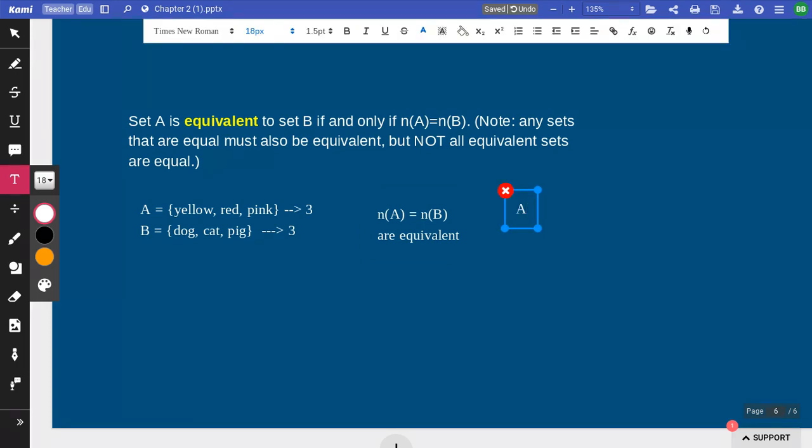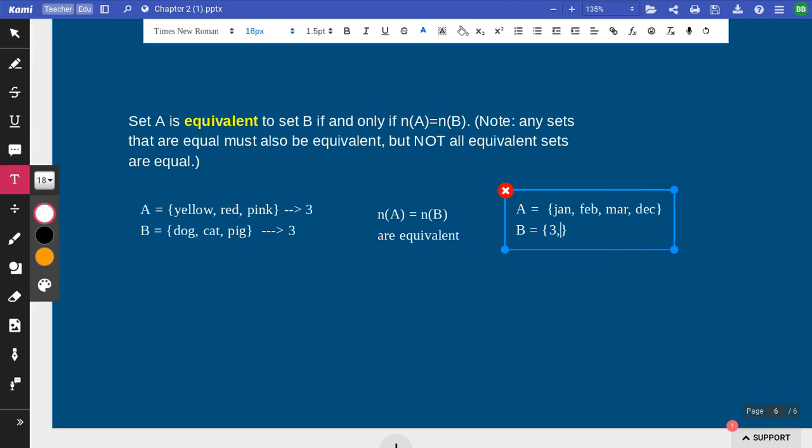So we have A, then we have B. Let's have January, February, March, December.